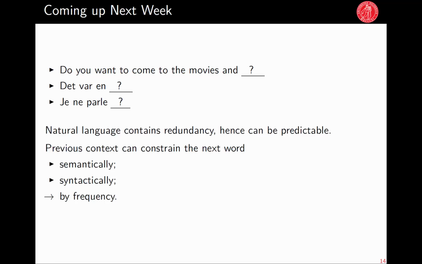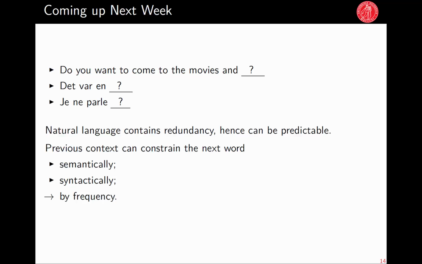And so what we observe here is that natural language, sort of by design, contains some redundancy, which makes it robust in communication. And in part, taking advantage of that redundancy, there is a certain level of predictability. And in all of these examples, I want you to observe that the previous context constrains what can go into these slots.